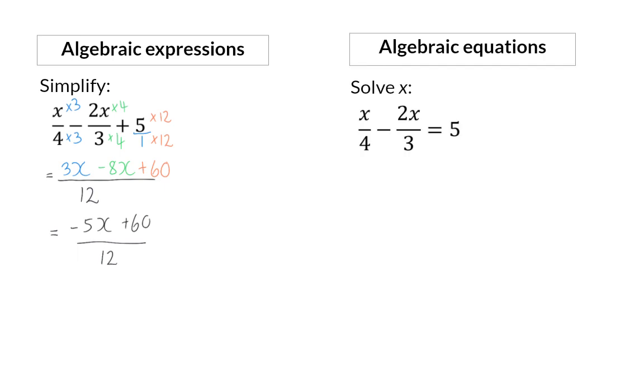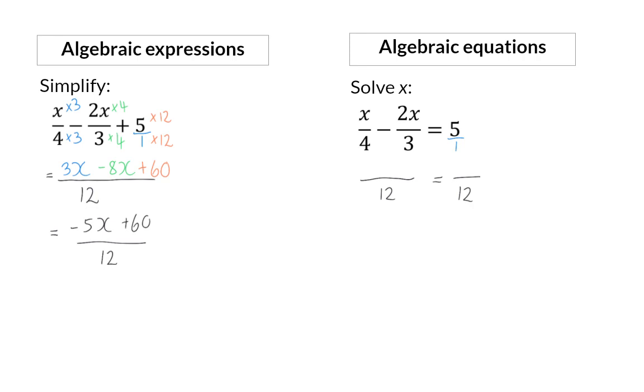When we now have an algebraic equation instead of an expression, the instruction will be to solve x instead of simplify. The first few steps, however, are exactly the same, so I'm going to start off writing all terms in fraction form. Next, I'm still going to determine the common denominator, but now that denominator will be on both sides of my equation.